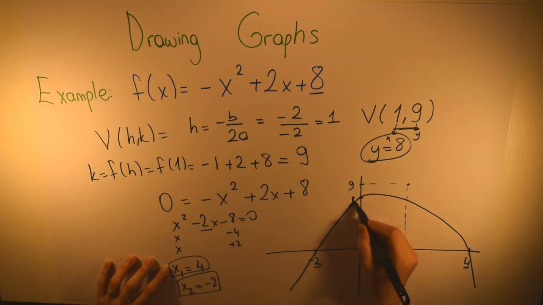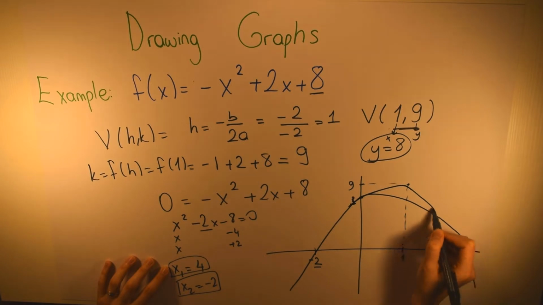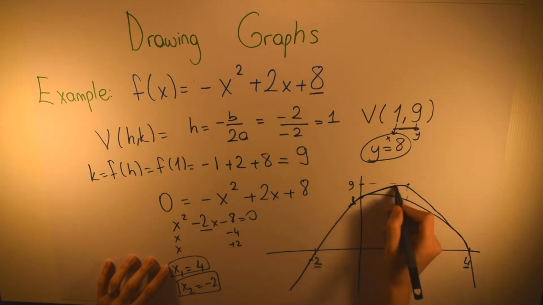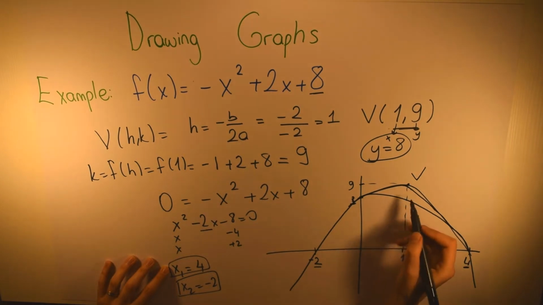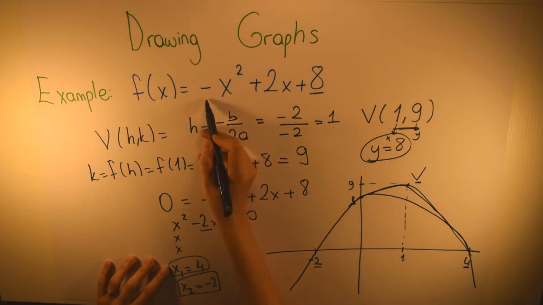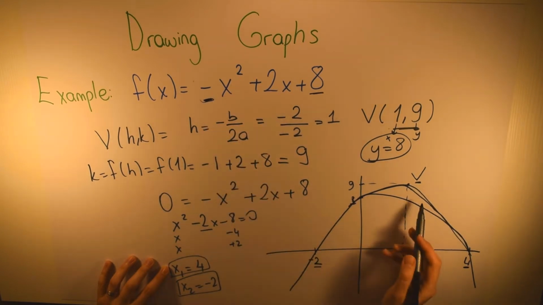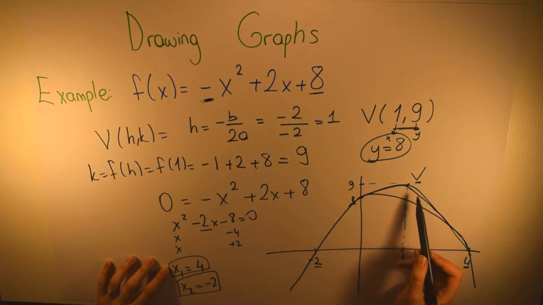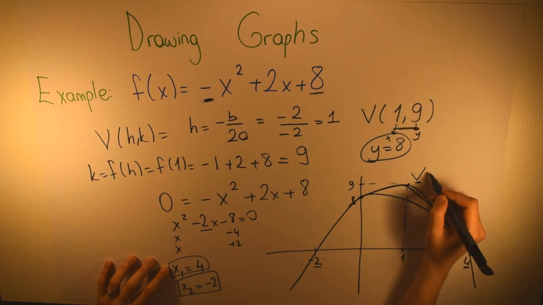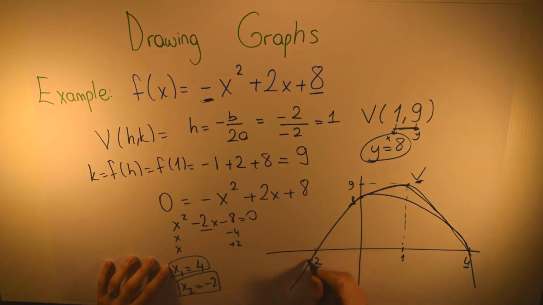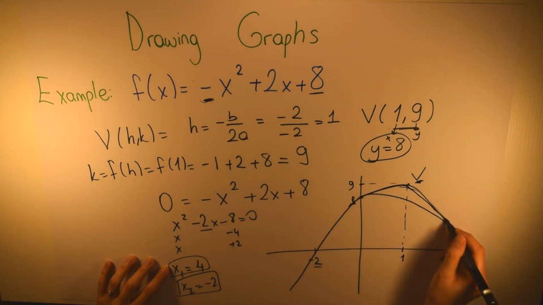Actually, this also has to pass through the vertex point, but I couldn't. As you can see, since a is a negative value, your vertex point is the highest point, okay? It cannot be higher than this. So this is your vertex point, and your parabola should be like this.